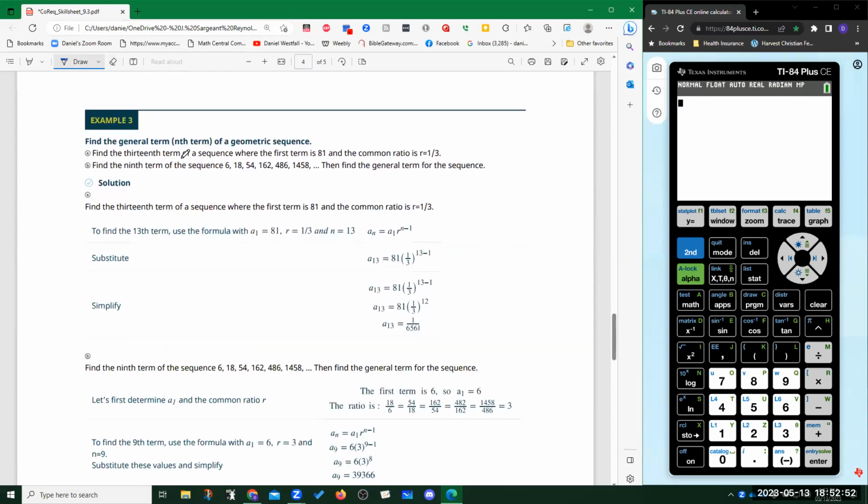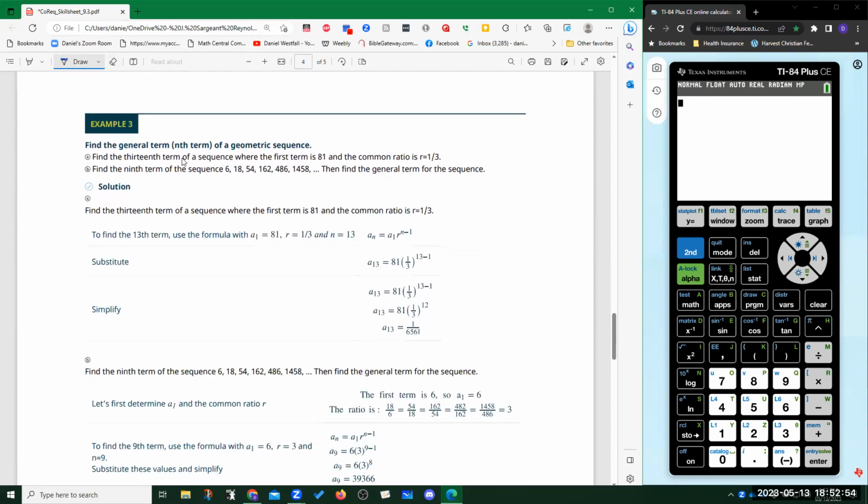All right, let's do some examples where we find the general term or the nth term of a geometric sequence. So we're given a sequence whose first term is 81 and the common ratio is 1/3, and we want to find the 13th term of the sequence. So a1, they've told us, is 81, r is 1/3, and n is equal to 13.